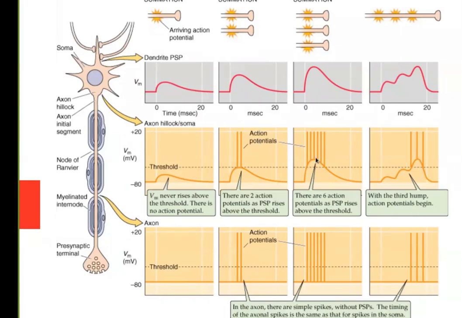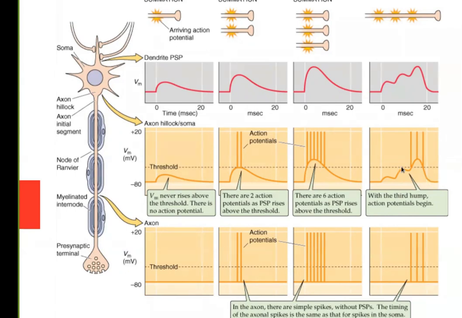It's the principle of summation. Summation may be spatial, when many neurons come together in one place, or temporal, when one neuron sends impulses with very high frequency through the synapse to another neuron or muscle or gland.